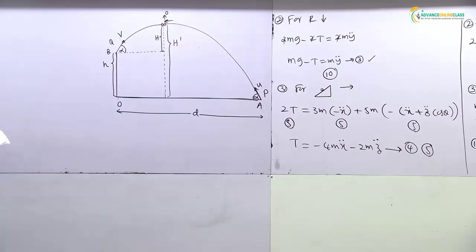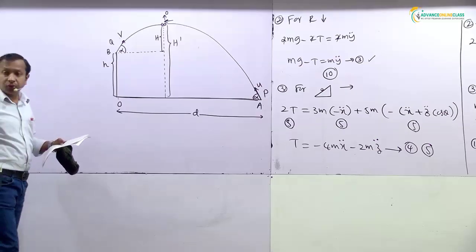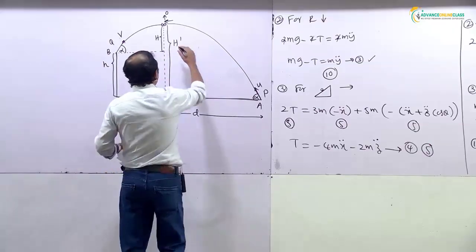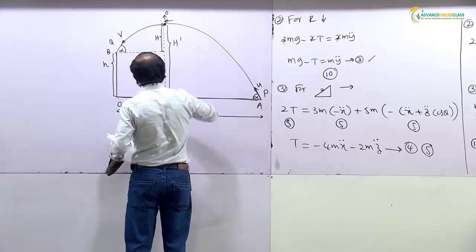They collide each other when particle P moves horizontally, which means vertical velocity 0. Here P has the vertical velocity 0.